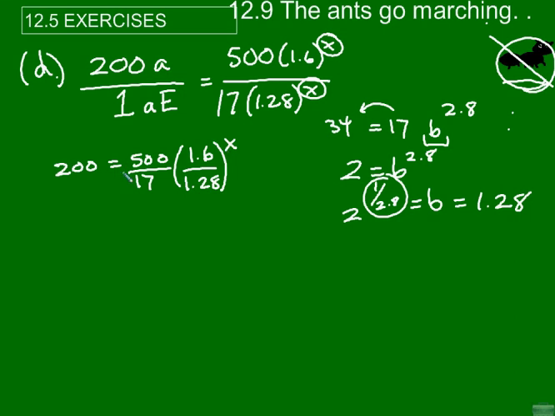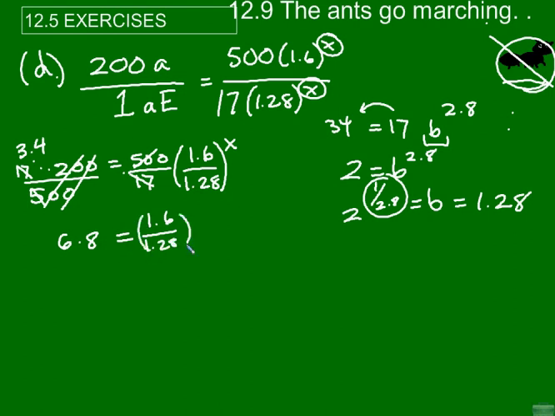So multiply both sides by 17, divide by 500, cancel, cancel, cancel. How many times does 5 go into 17? It goes in there 3, carry the 2, 3.4 times. So 3.4 times 2 is 6.8 equals 1.6 over 1.28 to the x. Cool. Well, take the natural log of both sides.